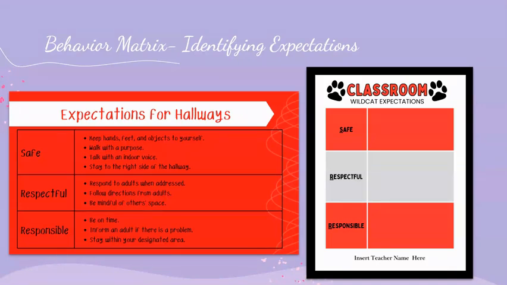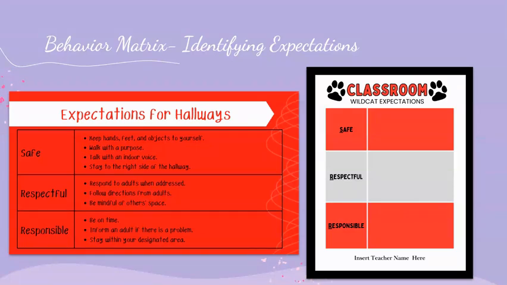In the example on the screen, for hallways, students display safe behavior by keeping hands, feet, and objects to themselves, walking with a purpose, talking with an indoor voice, and staying to the right side of the hallway. They demonstrate being respectful by responding to adults when addressed, following directions from adults, and being mindful of others' space, and so on and so forth.